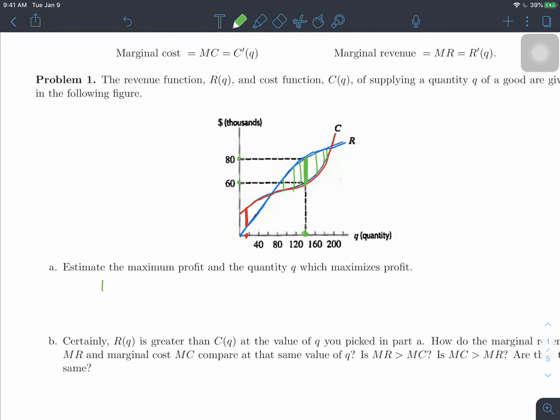So maximum profit, I know pi of Q is equal to R of Q minus C of Q. And pi of 140 is equal to 80,000 minus 60,000 equals 20,000. Any confusion so far?